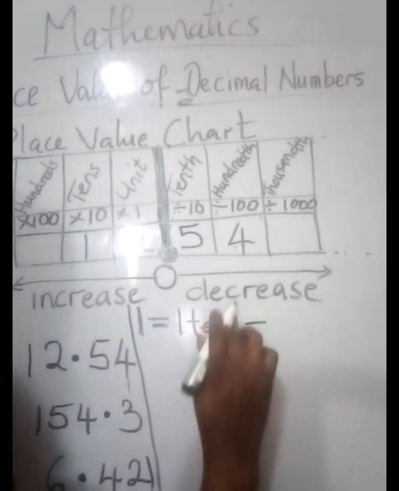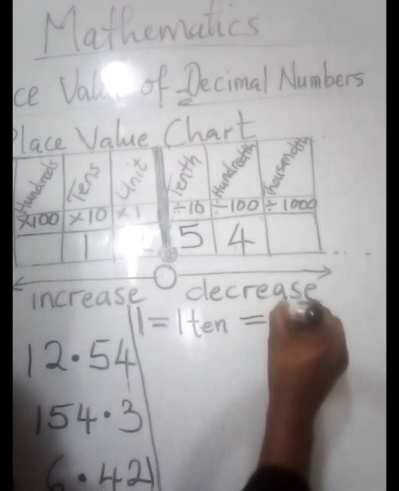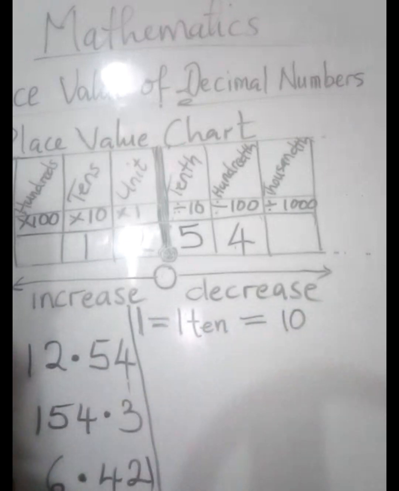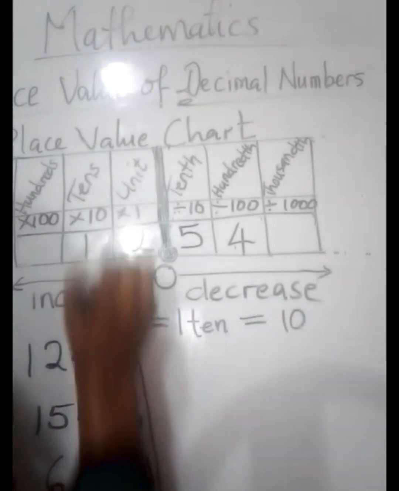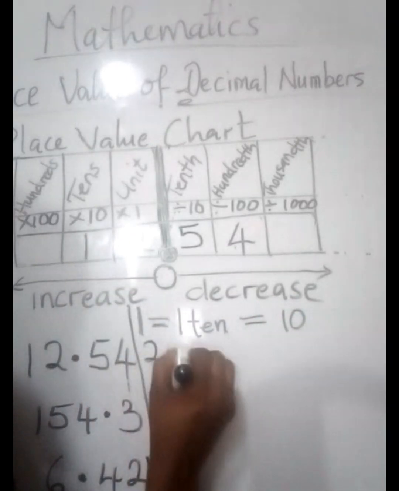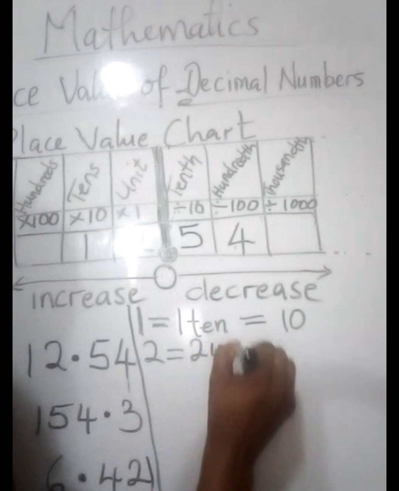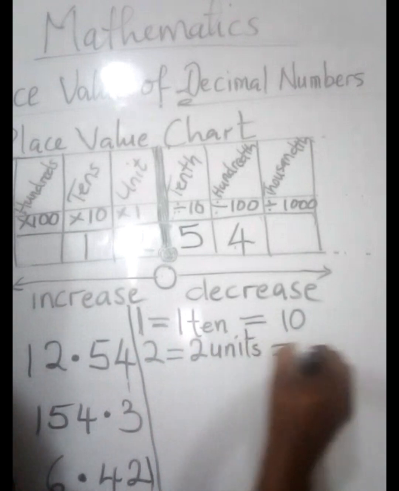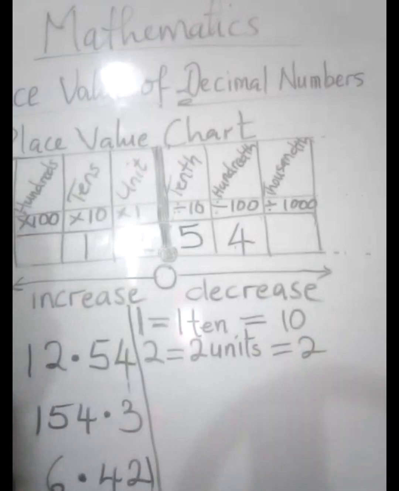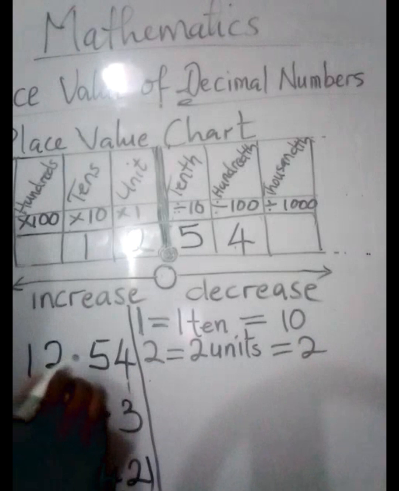And 1 ten is equal to what? 10. Then what is the value of the 2? 2 is under units. So 2 is equal to 2 units, and that is simply 2. Okay? And then you notice your point after 2.